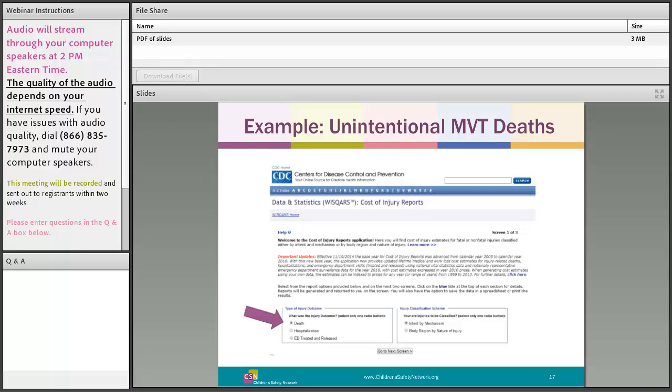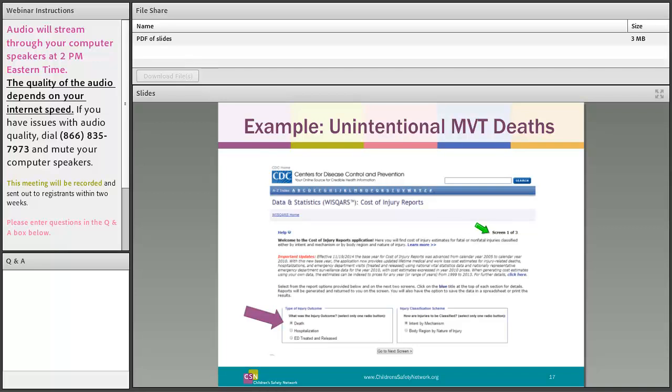So to create a cost of injury report, you have to work through a series of screens. You'll see here the indication that this is screen 1 of 3. So you'll be presented with 3 screens, and each screen has a small subset of options that you would have to work through to create your report.